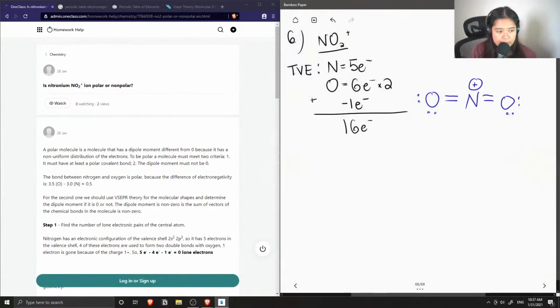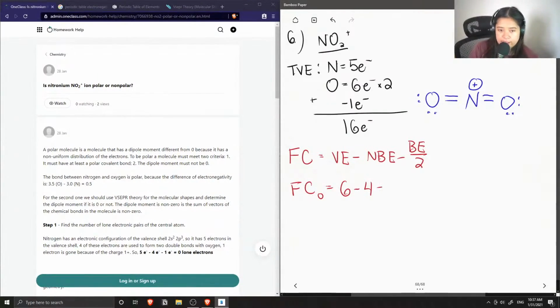So let me show how we can calculate that charge by using the formal charge equation. This is the number of valence electrons minus the number of non-bonding electrons minus the number of bonding electrons divided by 2. For both of the oxygens, they have 6 valence electrons, 4 non-bonding electrons, the lone pairs, and each of them has 2 bonds, so that means we have 4 bonding electrons divided by 2.